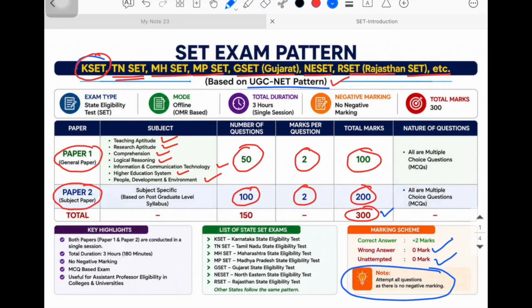If you go through all these state question papers, you can find a lot of repeated questions. We designed this course based on this, so if you attend our course, you can easily qualify the SET examination with a very high score. Okay, so this is the SET across all states except Kerala.